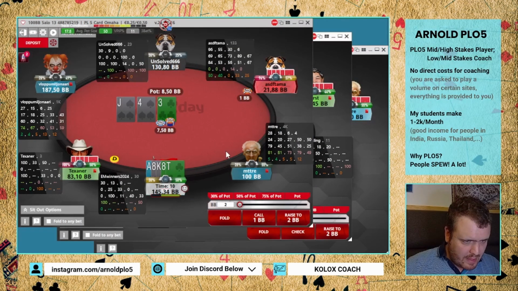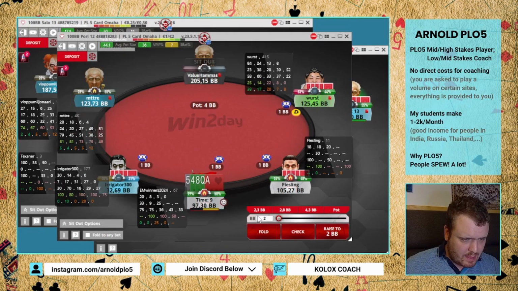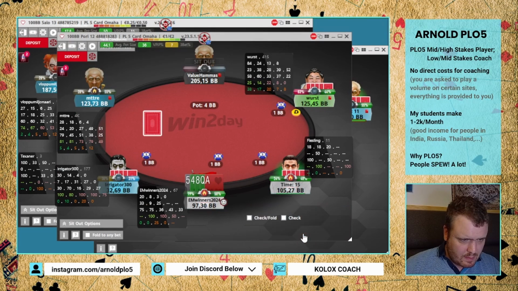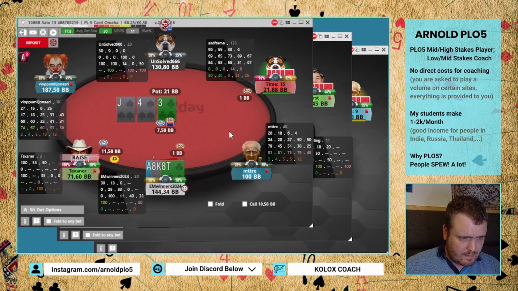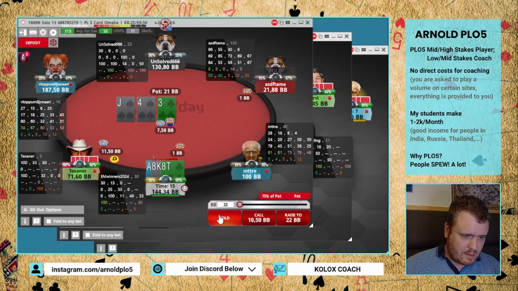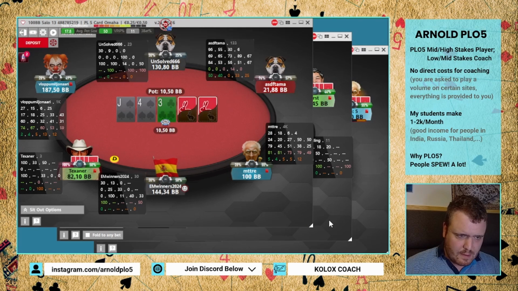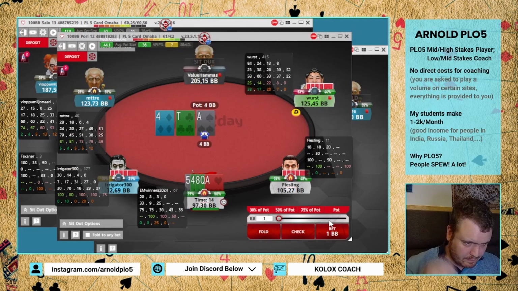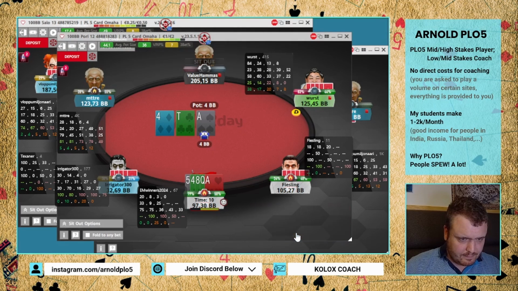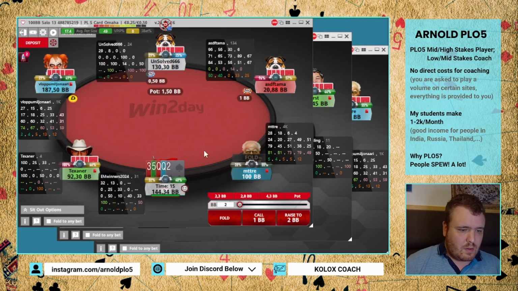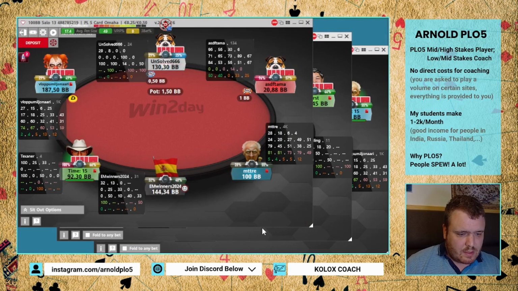So what do I have here? King high flush draw, but nothing else. Okay, he's. It's also a hand that is overplayed, just top and bottom pair.